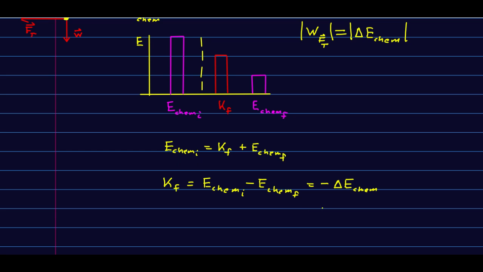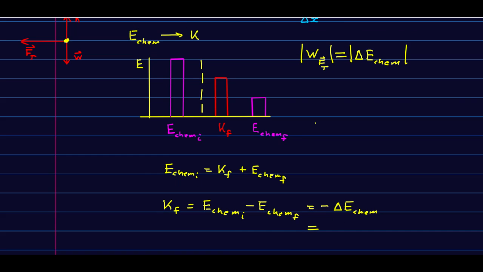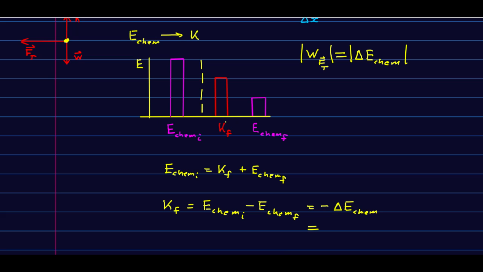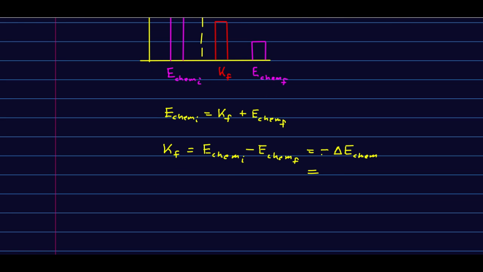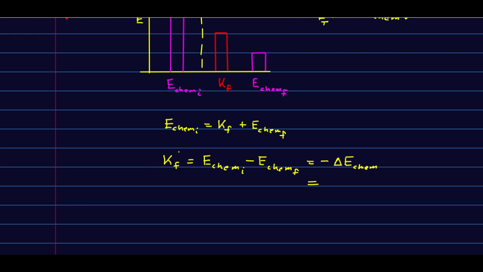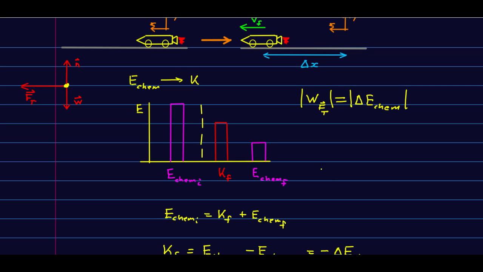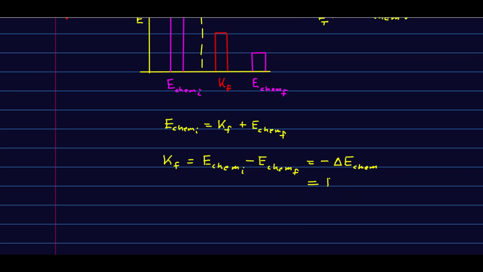And that means if we can find the work done by the thrust force, that should equal our change in kinetic energy, or our final kinetic energy, since our initial kinetic energy was 0. I'm going to drop the negative because we know this is positive. And we know that that work should be the thrust force times our displacement.